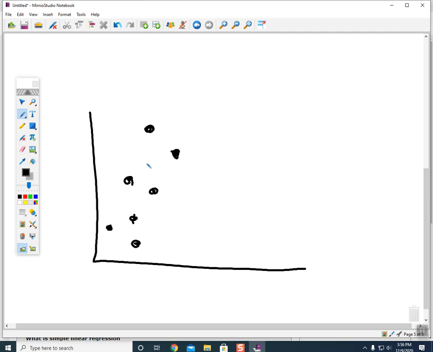Got a positive linear correlation here. And my line of best fit looks something like this. Okay. My line of best fit's not going to go through all of my points.